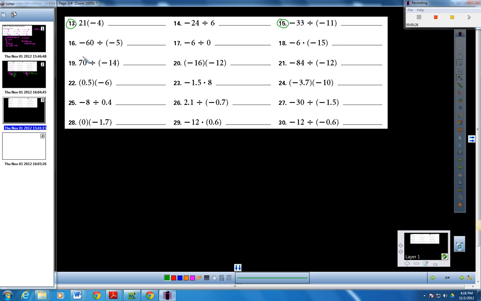I've done a problem to show you about multiplying by 5. Now let's do a problem that talks about dividing by 5.